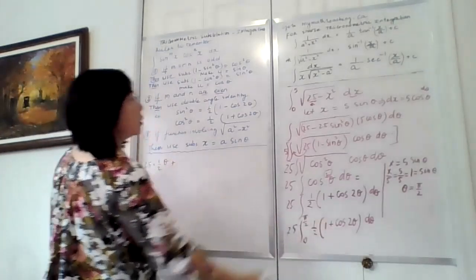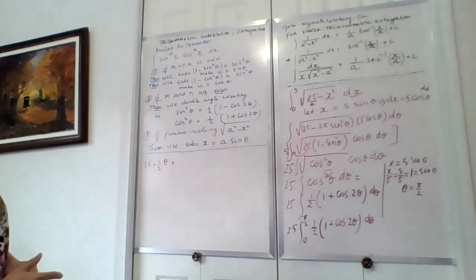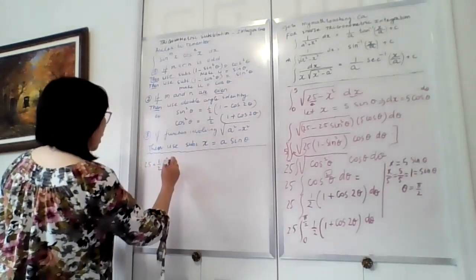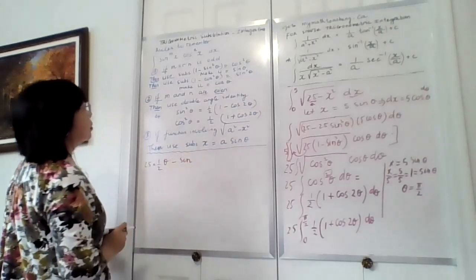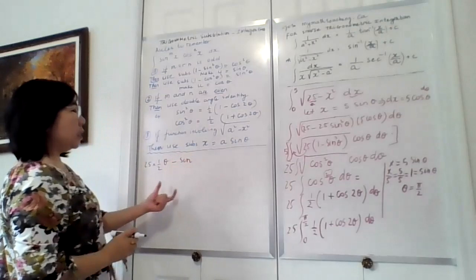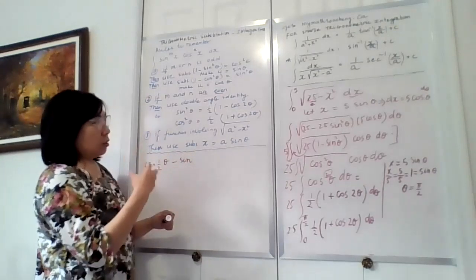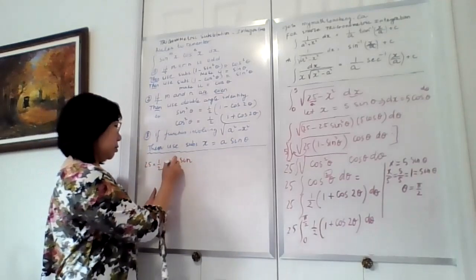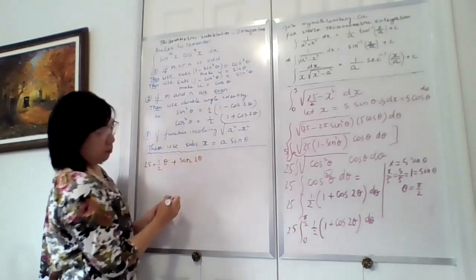Adding cos 2 theta, now the antiderivative of cos is sine, sorry, not minus sine. The antiderivative of sine equals minus cos, and of cos equals positive sine. So that will be sine 2 theta.